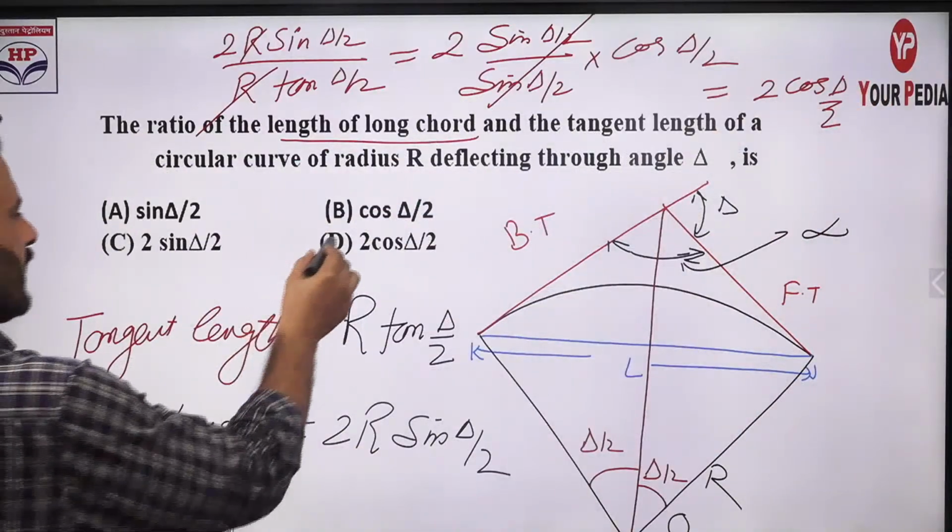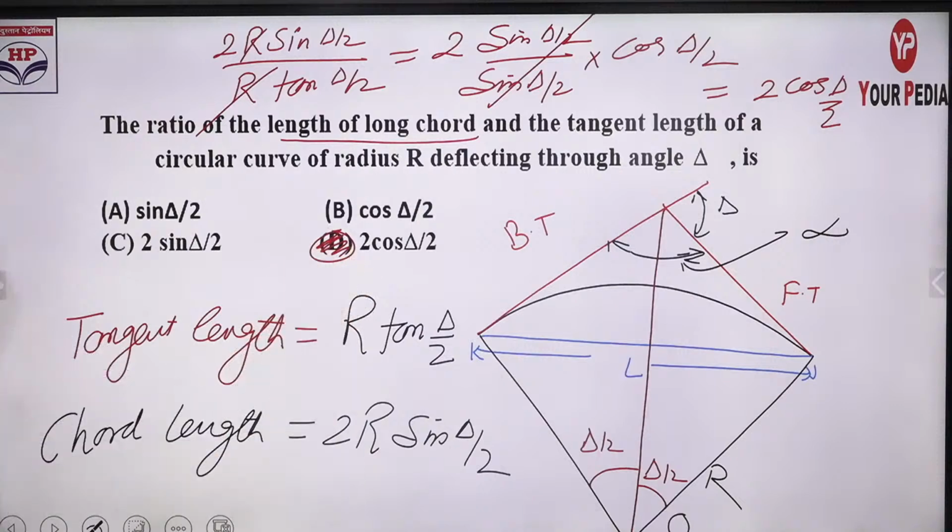So option D will be the answer. Fine. Is it okay? If you have any doubt in this question, guys, you can ask. Although this was very basic, in which you have to remember the formulas, nothing more.